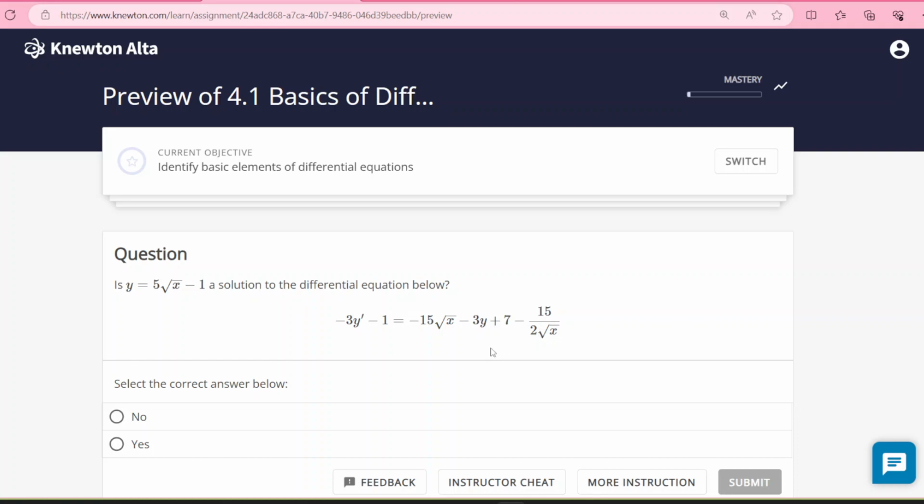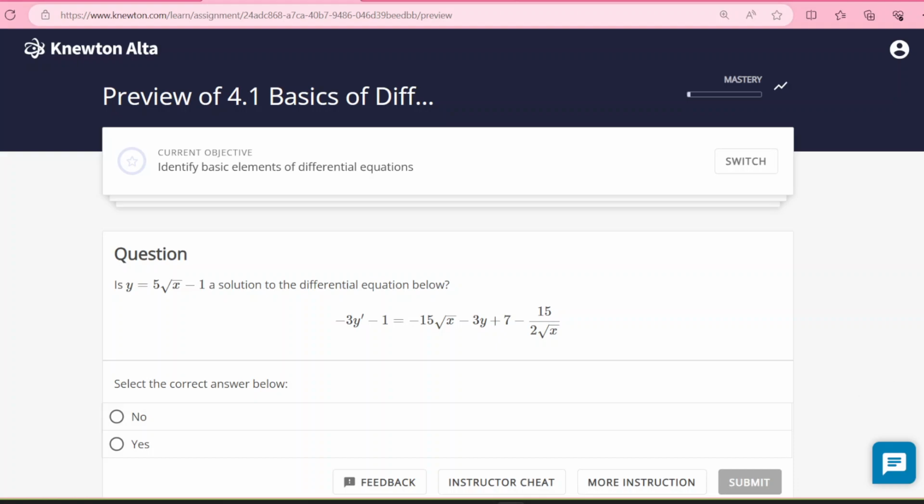So if you recall back in the first example from this video, I checked to see if some function was a solution. Well, you're just going to be doing a lot of substitution and seeing if you have a true statement. Is the expression on the left side the same as the expression on the right side after I substitute values for y, functions for y and y prime?